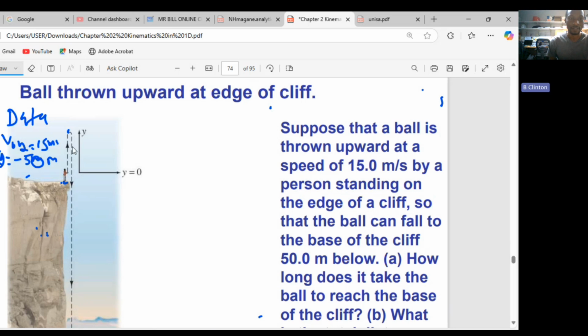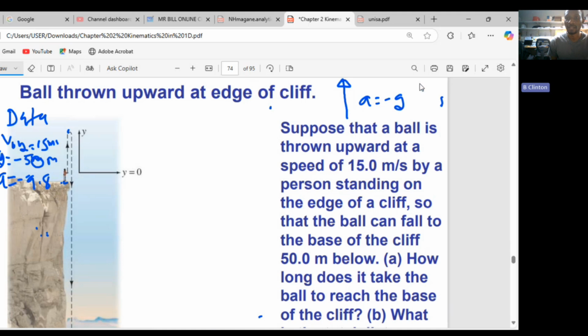Now, another thing that we are not given, but it is given somehow, is the acceleration, and in this case it is minus 9.8. And why are we saying the acceleration is minus 9.8? Remember, the ball is going upwards. So when the upward direction is taken to be positive, then we are going to have minus acceleration due to gravity, or minus g.